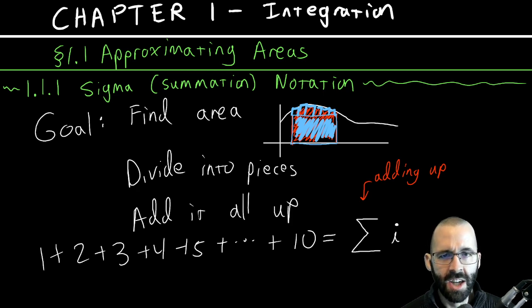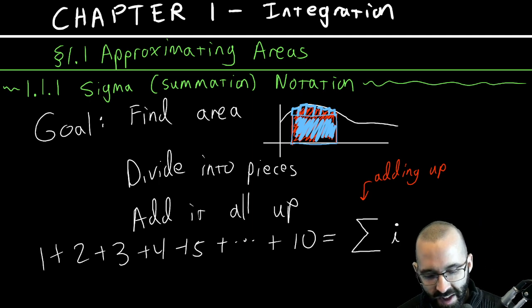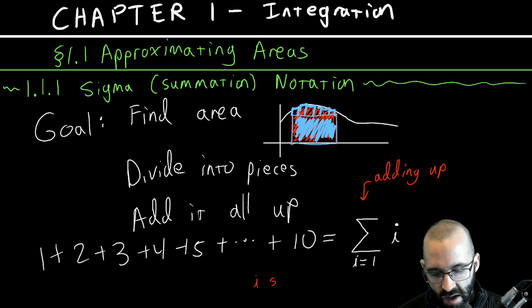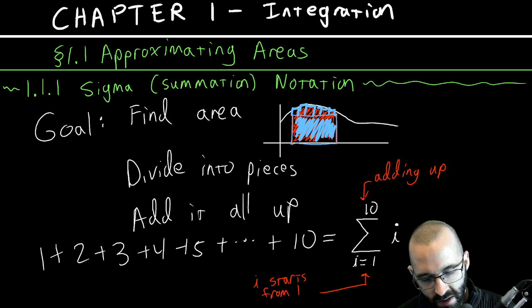And you might say, well, Jason, what's i? Good question, Jason. Well, on the bottom, we tell you that i is starting from 1. i starts from 1. That's what this means. And i ends at 10. That's what we're adding up.